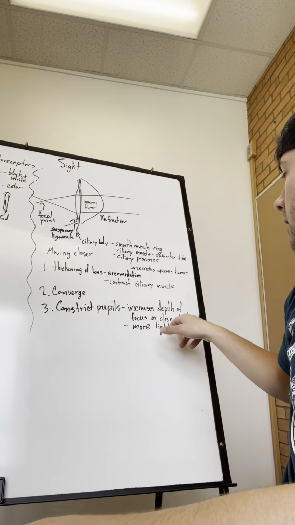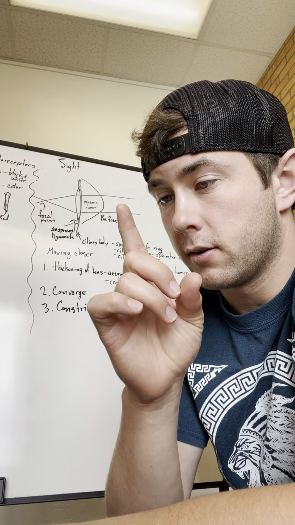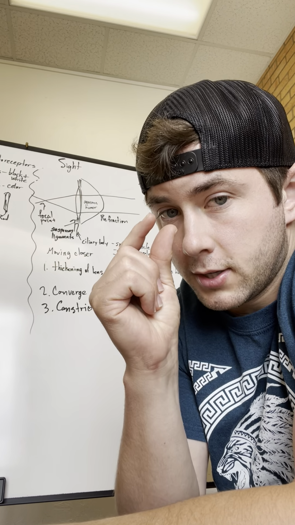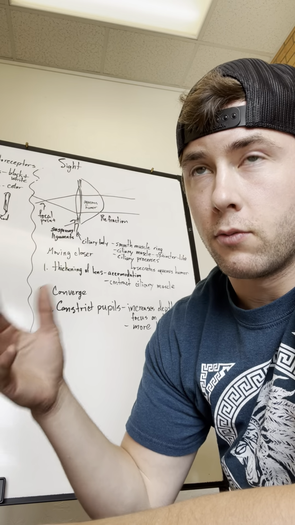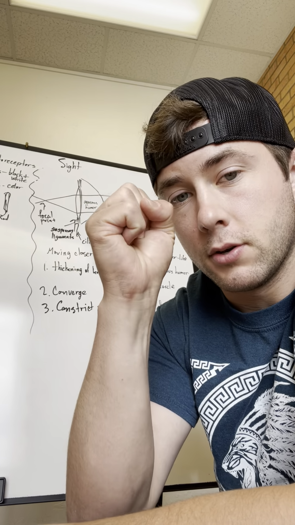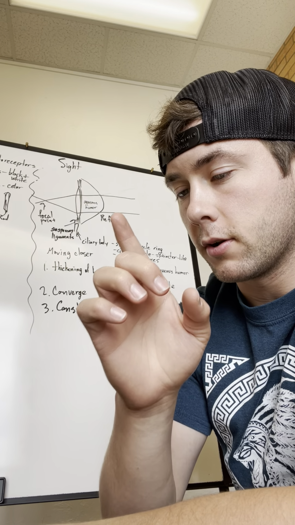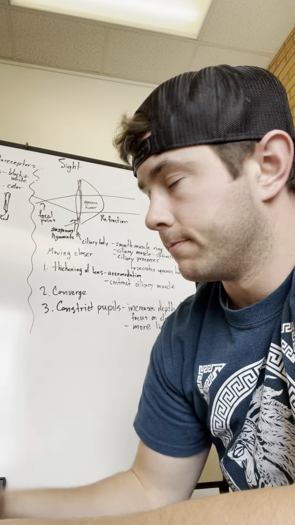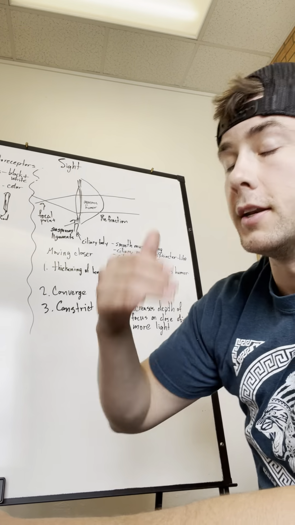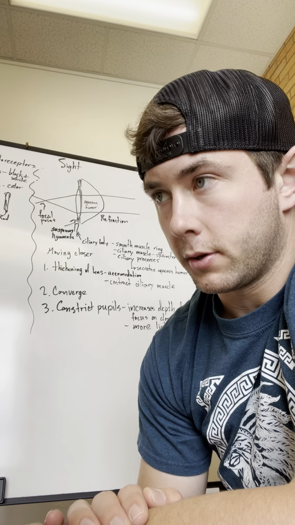That increases our depth of focus on close objects, so we can focus better on them. But what does that mean? We're allowing less light in because our pupils are constricted, so we might have to illuminate the object more. We might need to shine a light on whatever we're focusing on up close.